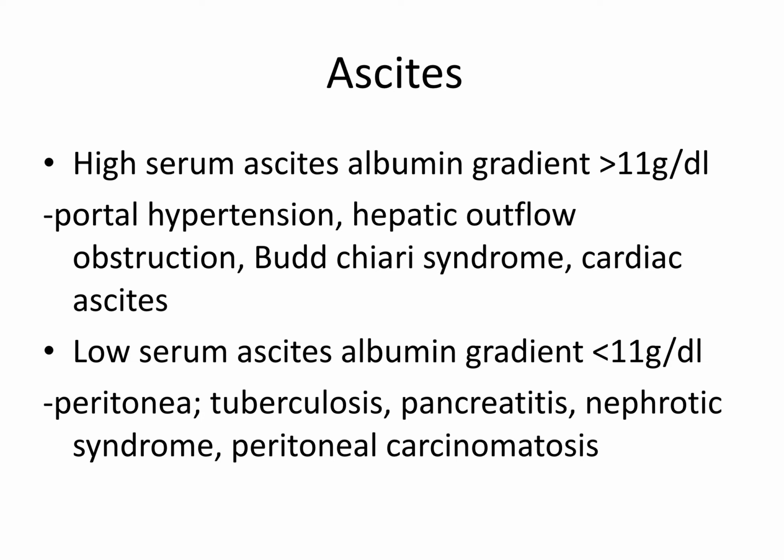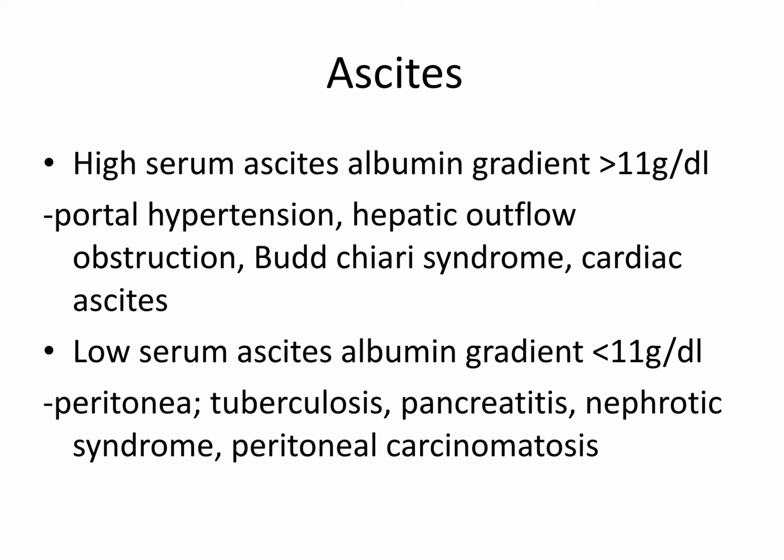The causes could be portal hypertension, hepatic outflow obstruction, Budd-Chiari syndrome, and cardiac ascites. The other type is low serum ascites albumin gradient, where the albumin concentration is less than 11 grams per deciliter. The causes are peritoneal tuberculosis, pancreatitis, nephrotic syndrome, and peritoneal carcinomatosis.